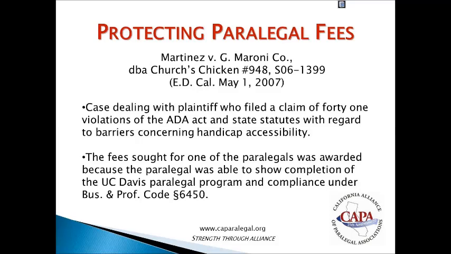Currently, we have Assembly Bill 888. This is something that CAPA has been monitoring for some time and has written some position papers to the California State Legislature on this issue. So AB 888, if you just want to find it online, it's very easy to do as a Google search, Assembly Bill 888.